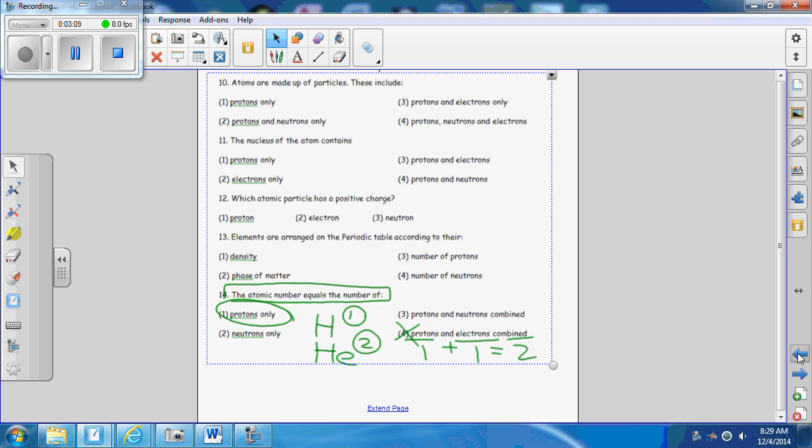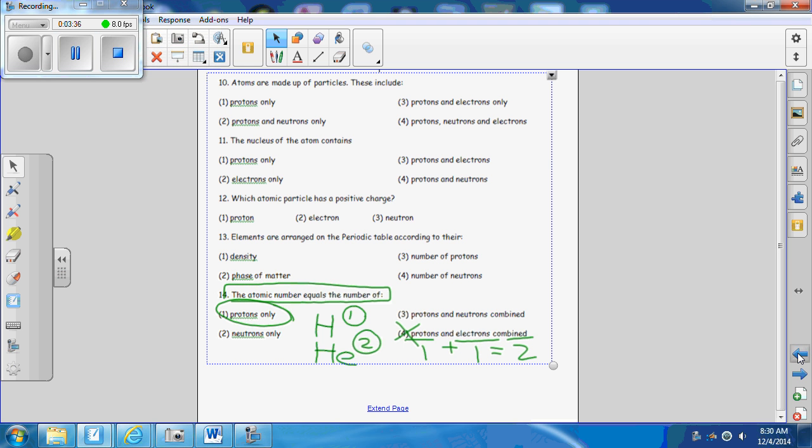But a lot of times, the atom's not neutral. When you were doing your research on your elements, it could have told you that it had an oxidation number. Did anybody find that in their research, that their element had an oxidation number? That means that it will give off electrons when in the presence of oxygen, or sometimes the electrons, like transition metals, all of the metals actually, they don't want to keep their electrons, they want to give them away.